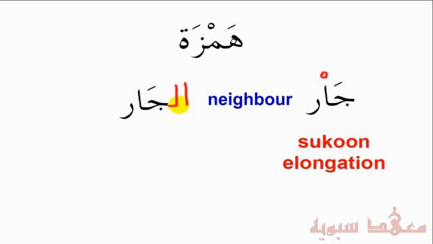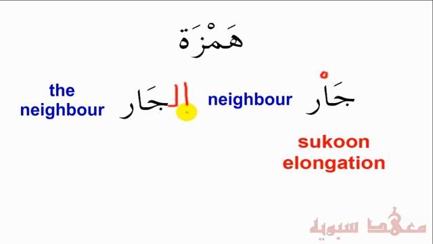When you add this to it, you make it definite, the neighbor. Now if you notice, there's an Alif here. Remember we said that an Alif can never be at the beginning of a word. So you wouldn't be surprised to know that this is not actually an Alif. It's actually a Hamza. So we pronounce this as Al-Jar.